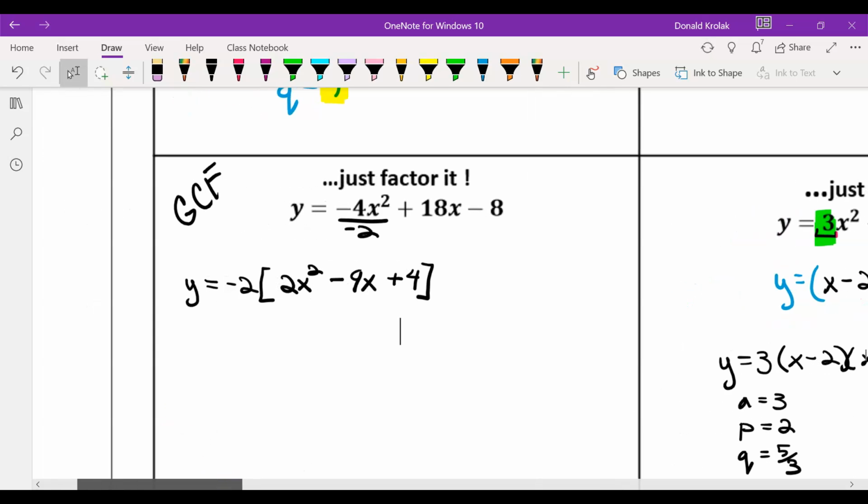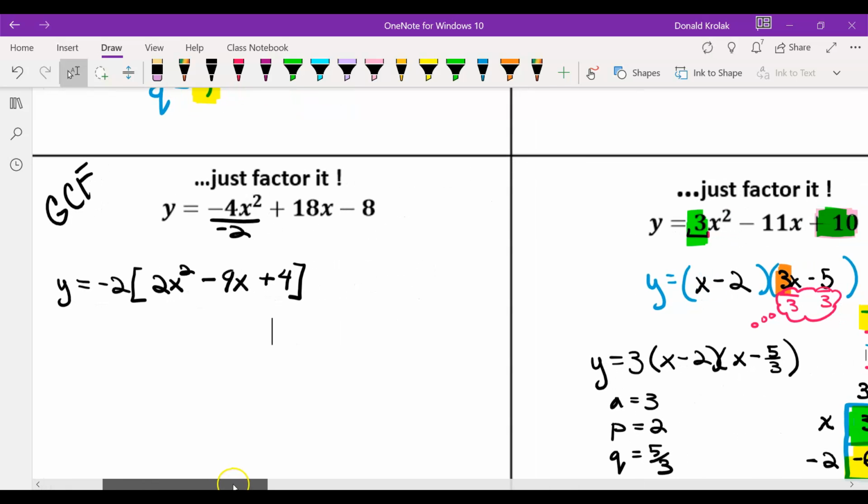So this has everything in it. Now you've got to go through the box. Now it's just like the problem we did.